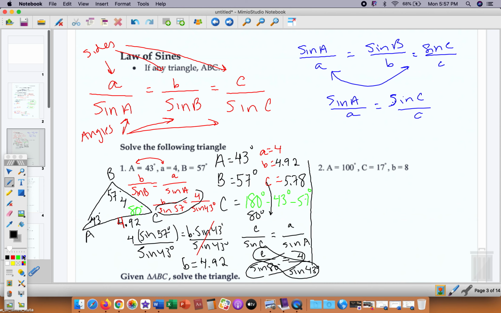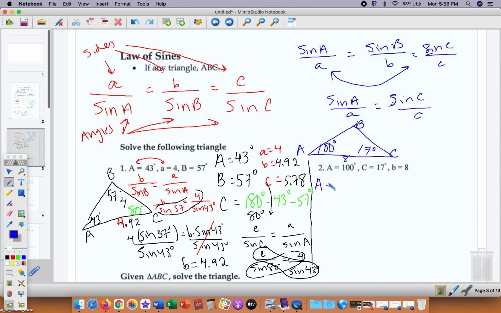Let's try the next one. For this next one, we'll draw our picture up here. Say A, B, C. So A is 100 degrees, C is 17 degrees, little b is 8.